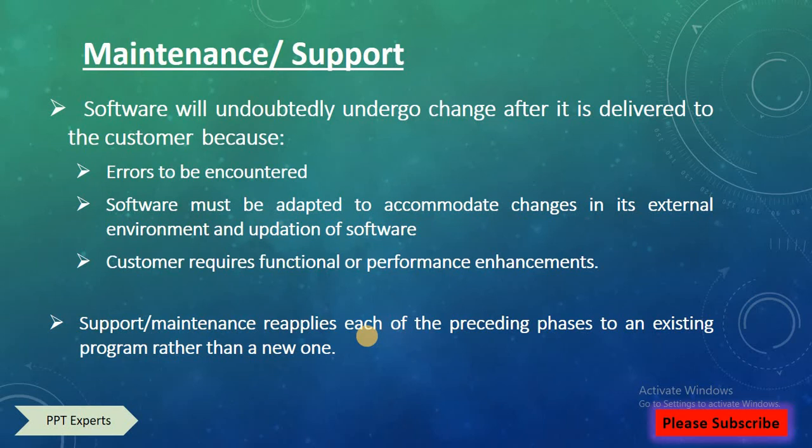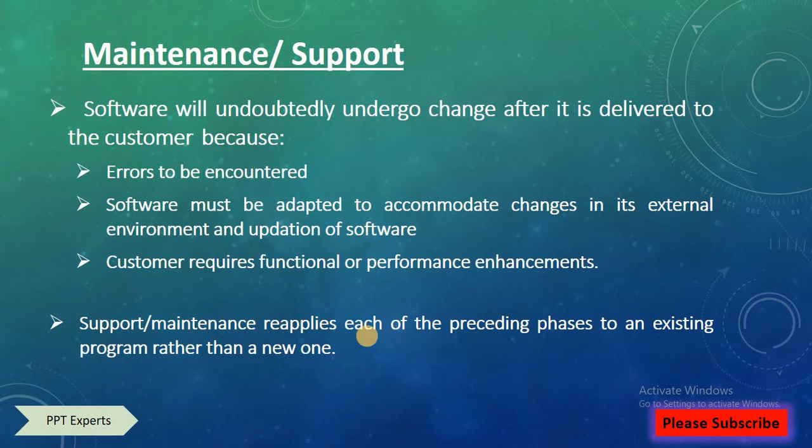Like there are trends. We have seen Android 11, Android 10. So according to the market, the application must be updated according to the market's needs. Customers require functional or performance enhancement. So customers require more functions in the software. That's the part of support and maintenance.